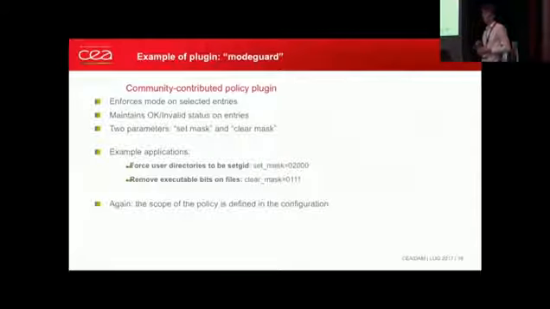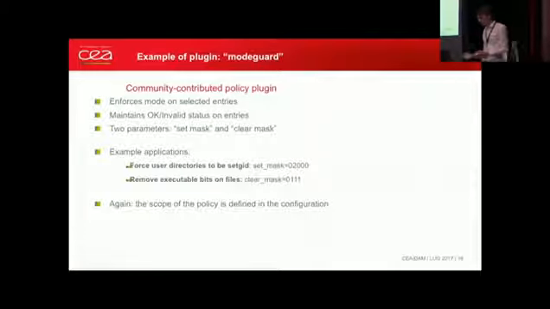A second one is called ModeGuard. It's been contributed by Stanford Research Computing. It makes sure that certain files that match criteria have the right permissions, the right mode. So you have two parameters in the policy, a set mask and a clear mask.